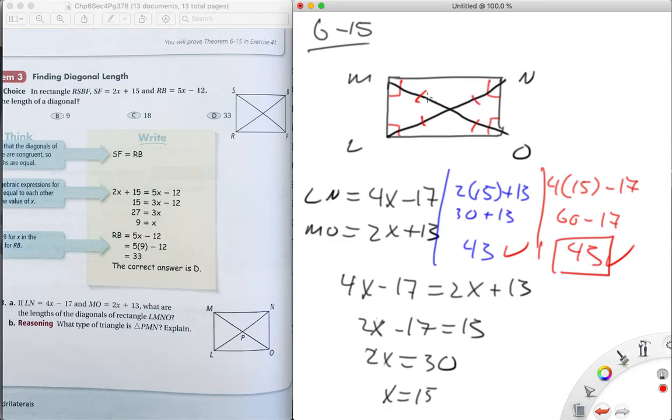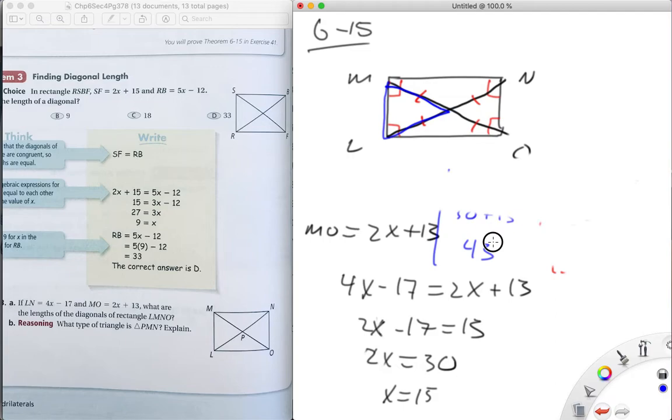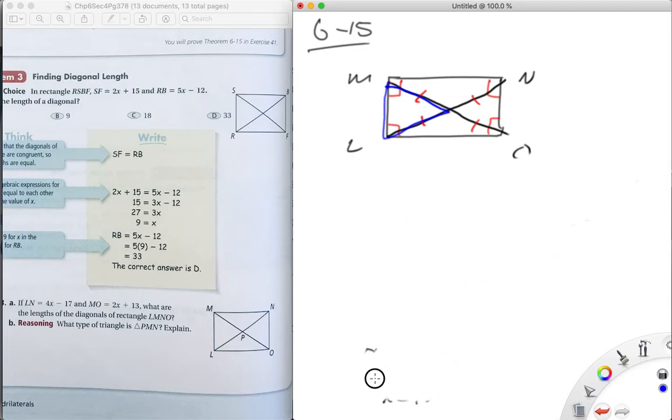So when I look at the triangles formed from the bisection of the diagonals of a rectangle, I have isosceles triangles. Remember, an isosceles triangle is a triangle where we have at least two congruent sides. So the diagonals that bisect each other form isosceles triangles within a rectangle.